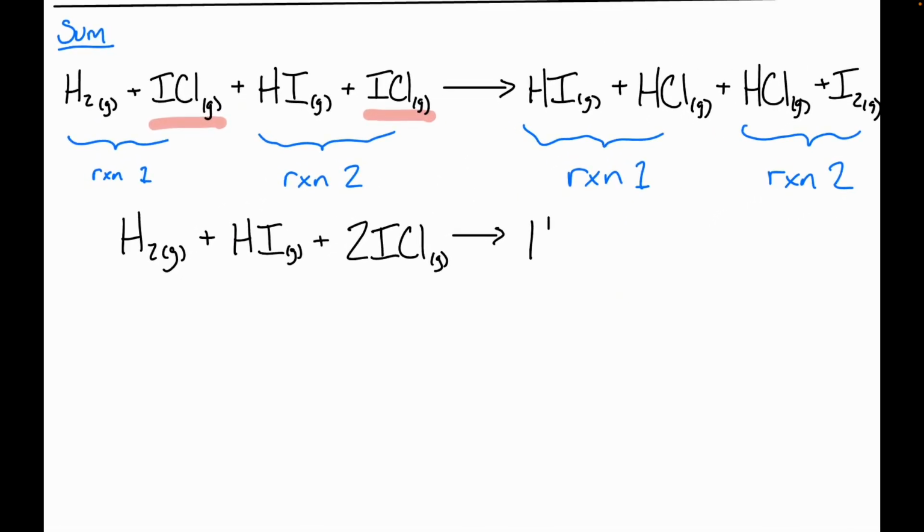So now I have HI gas plus 2 HCl plus the I2. All right, so we simplified first by combining.